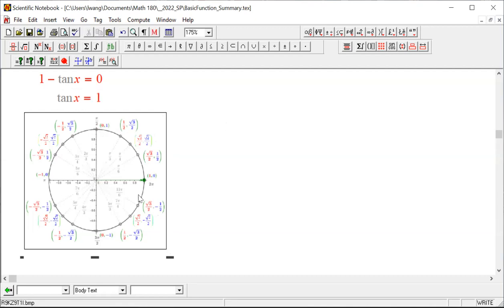So what are those terminals? That's right, this terminal and that terminal. What x can be? What is the solution to it?